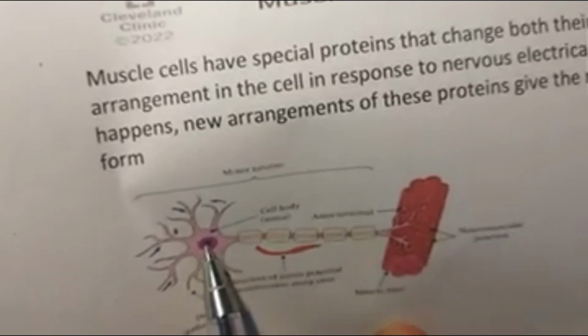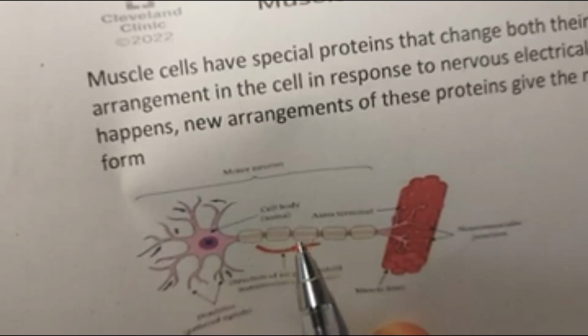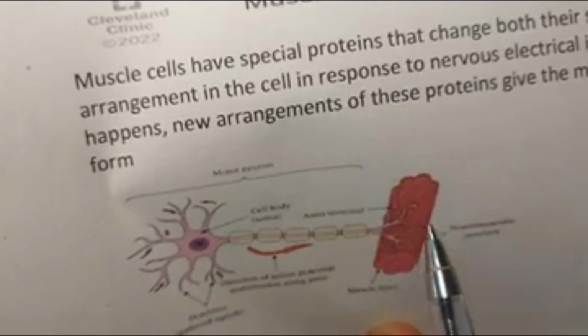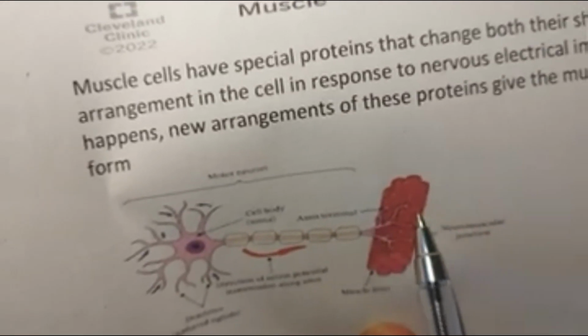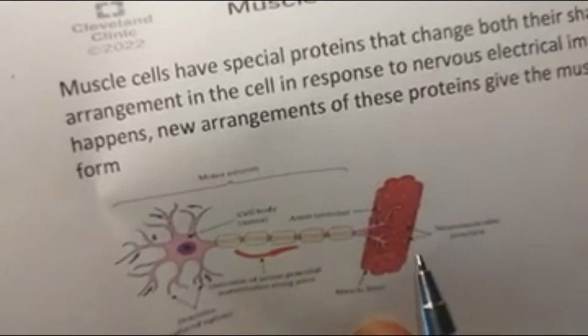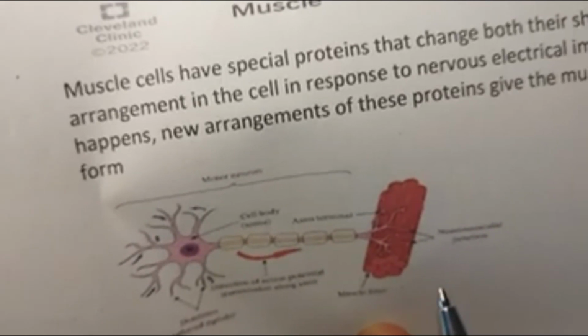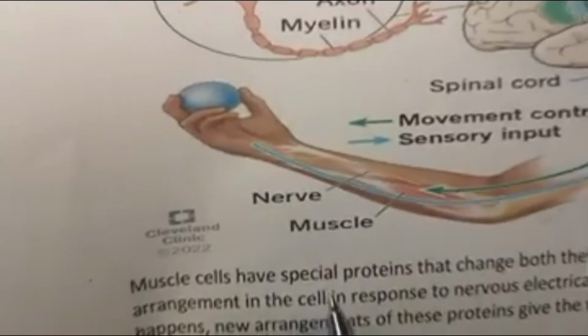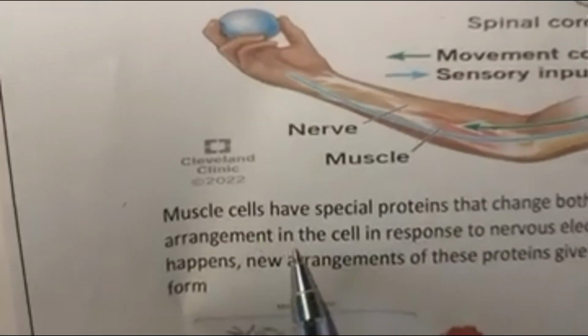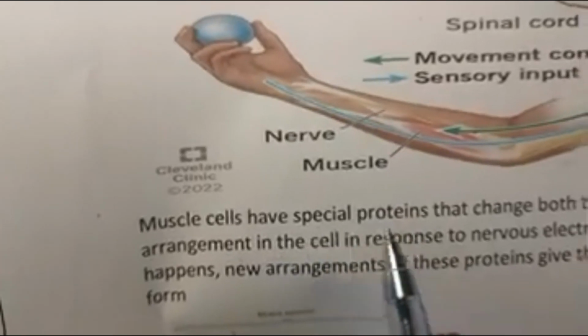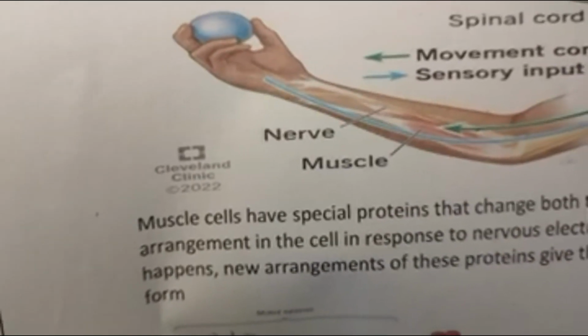The impulse is transmitted to the muscle at the neuromuscular junction.